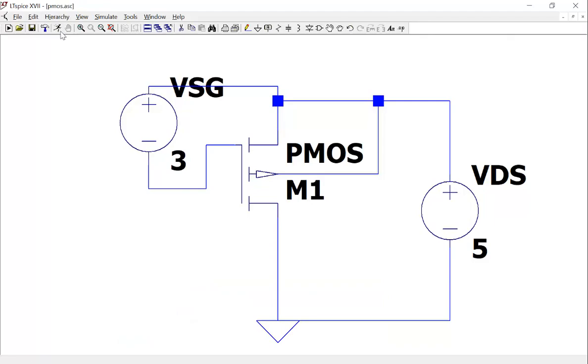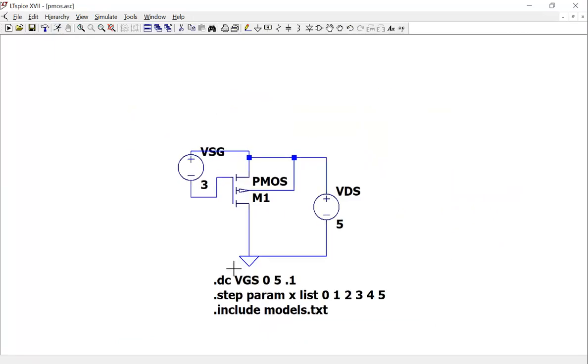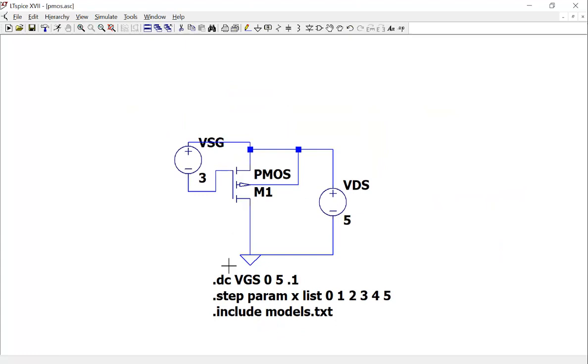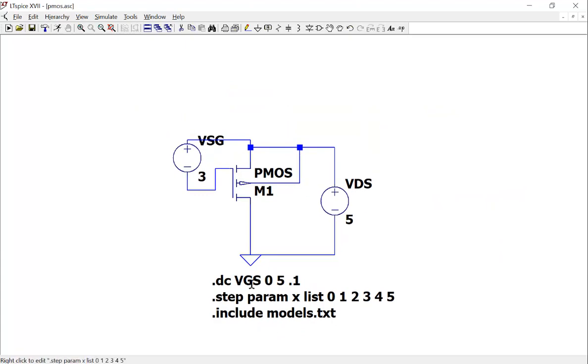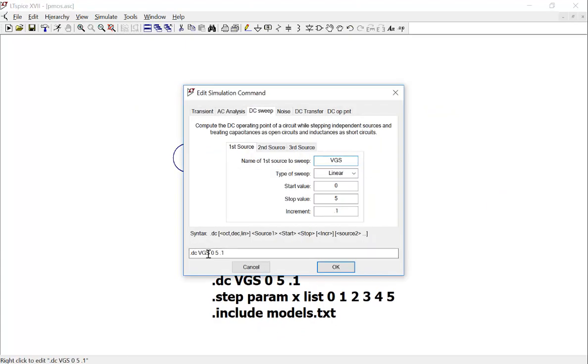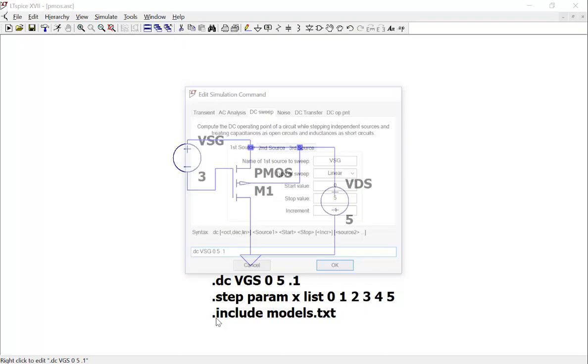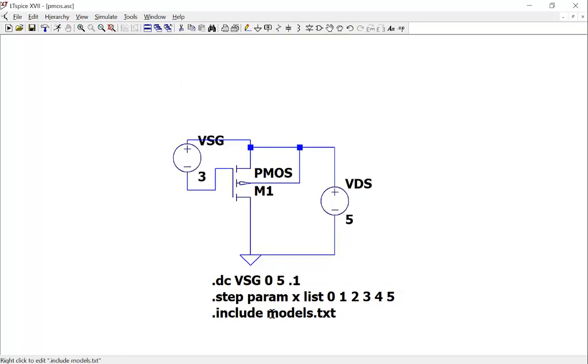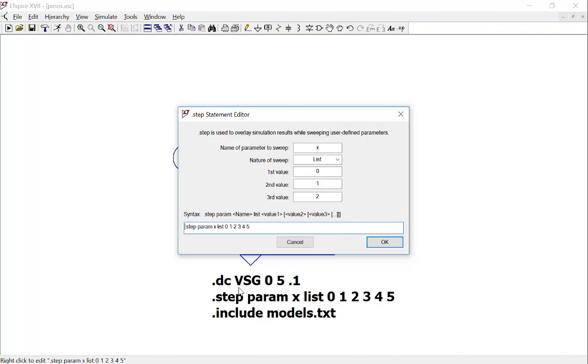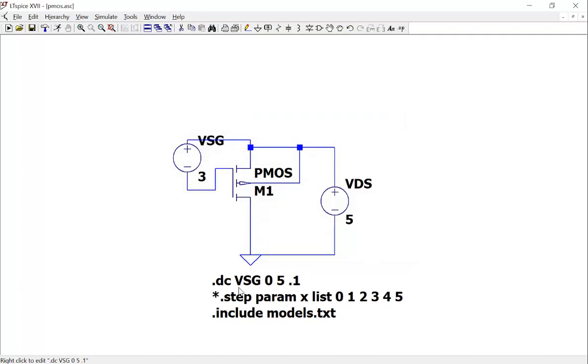For example, I run this guy. If I'm giving VSG, for example, I'm sweeping VSG, doing a DC sweep for VSG, and I'm commenting out this guy and run it.